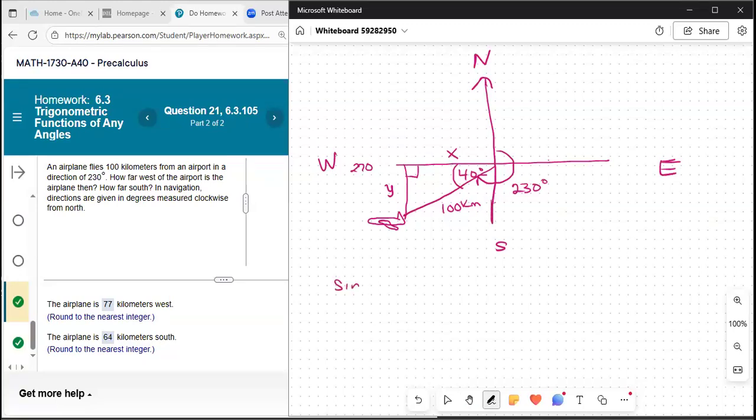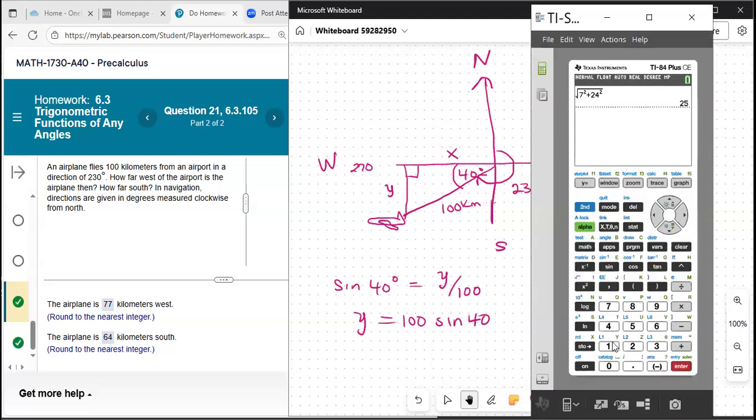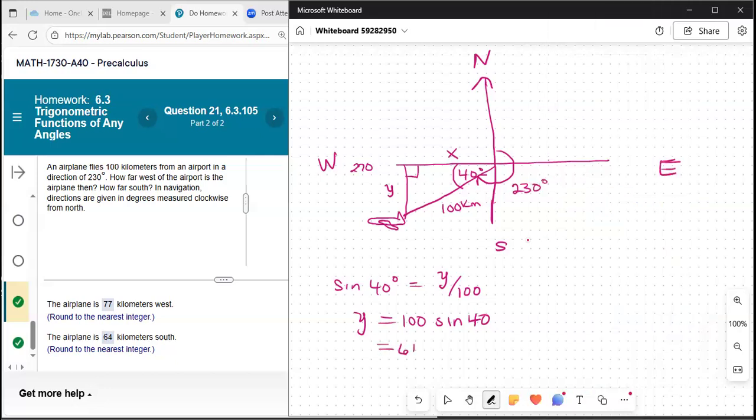So we could do the sine of 40 degrees is equal to Y over 100. And so we can solve for Y is equal to 100 times the sine of 40. So we have 64.2, which is about 64 kilometers.